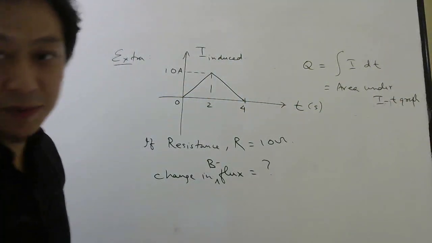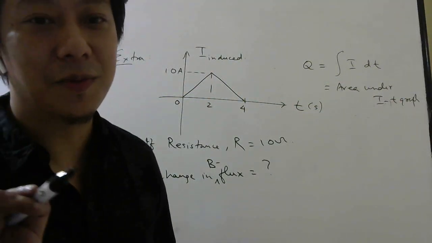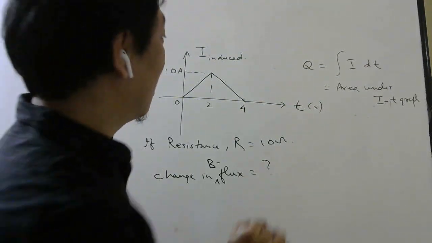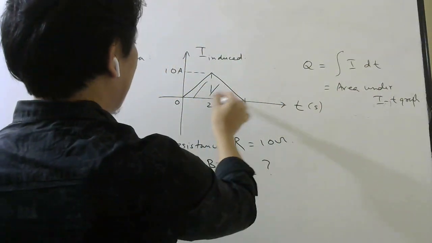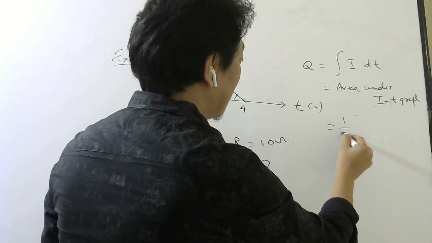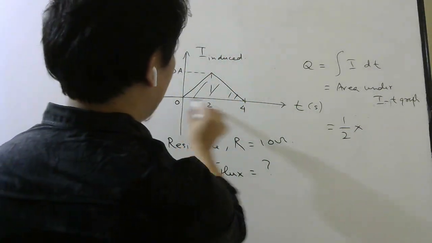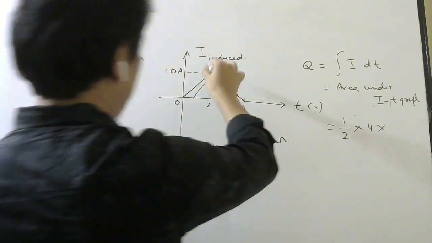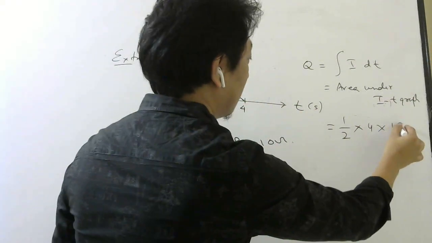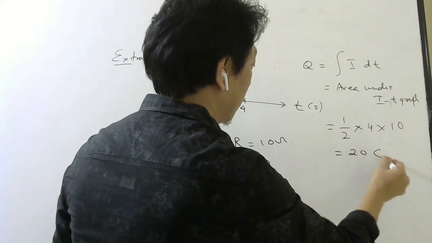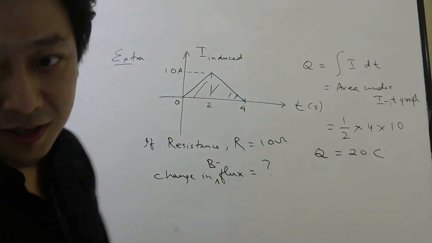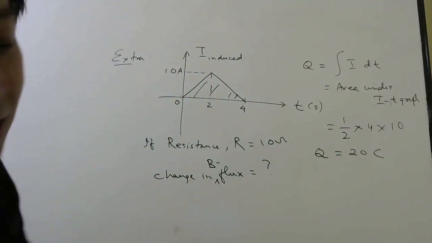Sir has already explained to you that integral of y dx represents area under the y-x graph. That area we can easily find. This is a triangle, so half into base, which is 4, into height, which is 10 ampere. So this is 20 coulomb. This is huge charge. So 20 coulomb is the charge.